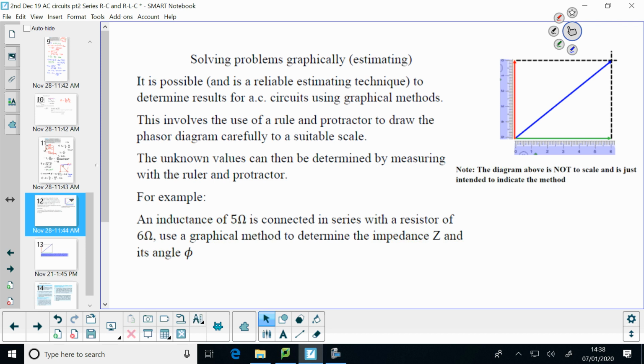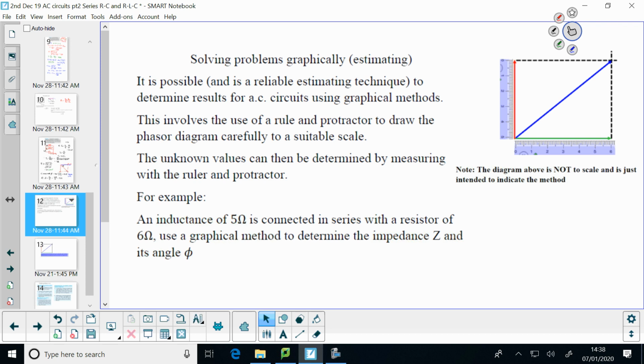This involves the use of a ruler and a protractor to draw the phasor diagram carefully to a suitable scale. The unknown values can then be determined by measuring with a ruler to find the lengths of the lines and reversing the scale, and the protractor to measure the angle.